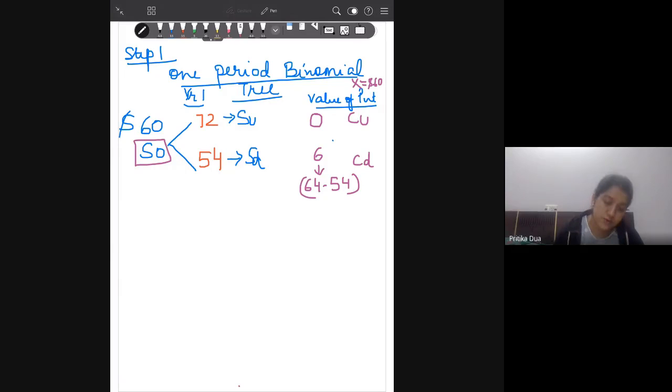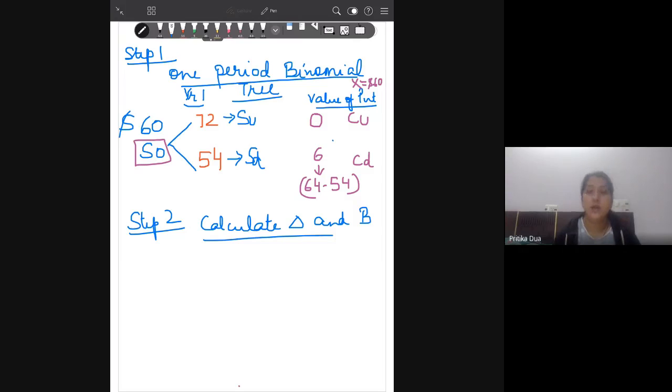Now we move to step 2. Under step 2, we calculate delta and B. Delta is the number of shares in which you need to invest, additional shares to be bought, and B is the investment in the riskless asset.